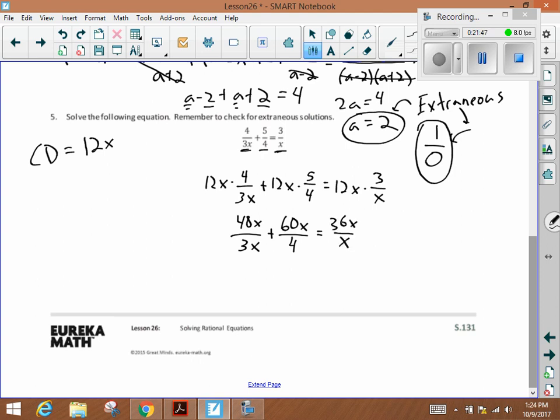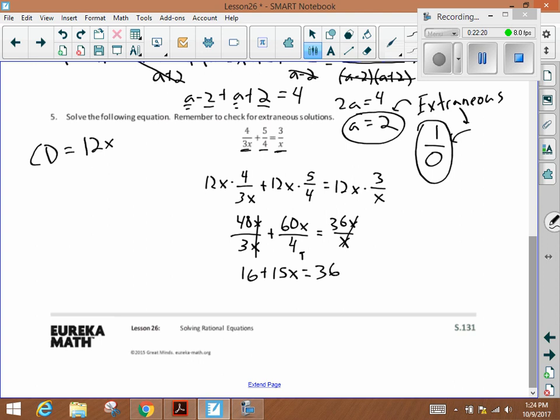So right here, we've got some x's that cancel, right? And then 48 divided by 3 is what? 16? And then my x is going to stay here because I don't have one in my denominator, right? So 60 divided by 4 gives me 15. And I still have the x. And then over here, these x's are also going to cancel, and I wind up with 36.